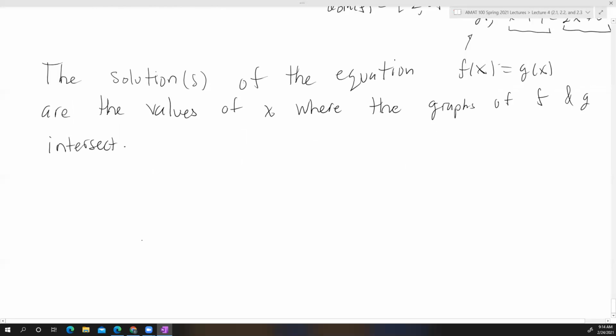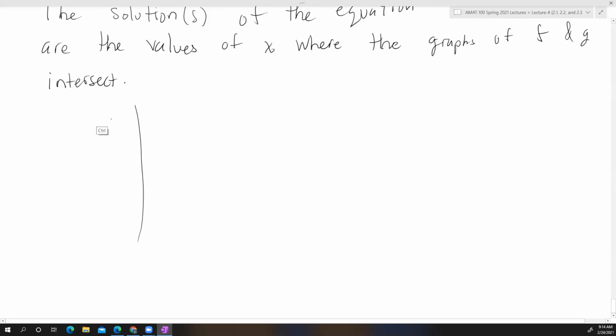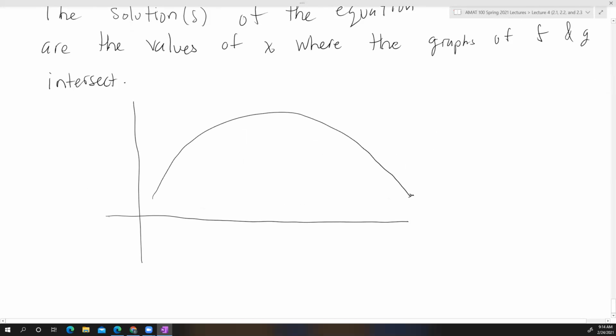So for example, that might look like the following. You might have g looks like this, and then f looks like this. So right here we have, say the x value is a, and this is b.